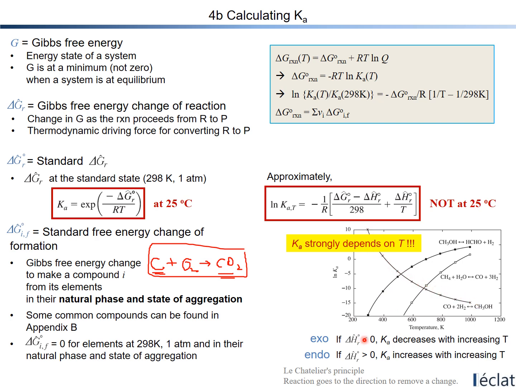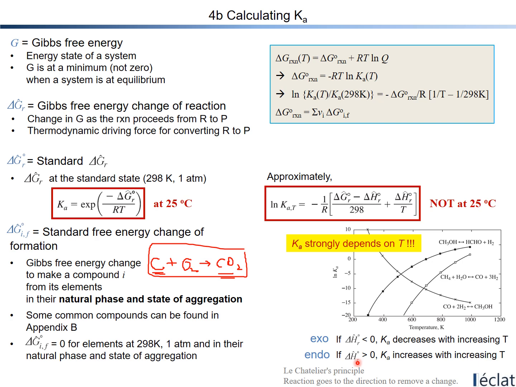So this is a minus sign, I mean the enthalpy value is less than 0. Then we have plus for the temperature term. Then as temperature is going up, the K value is going down.